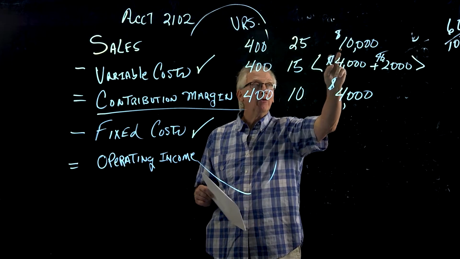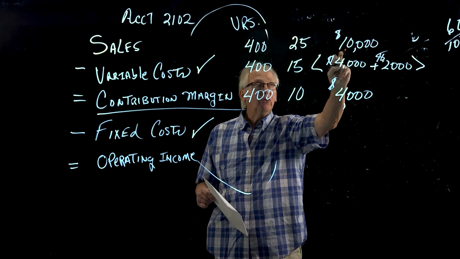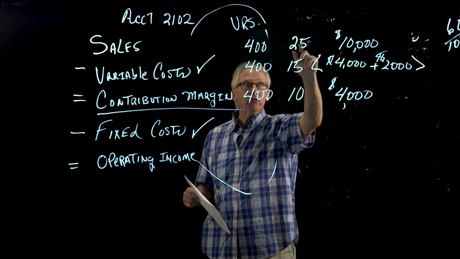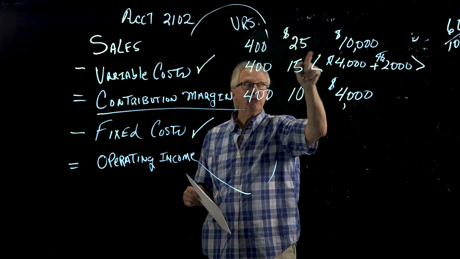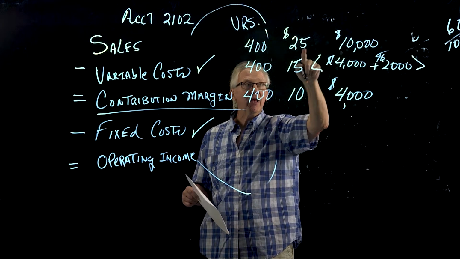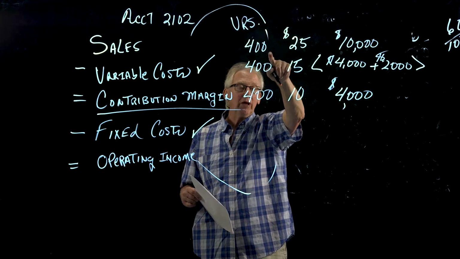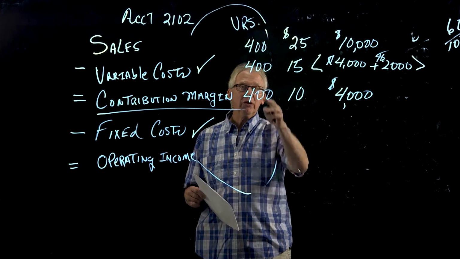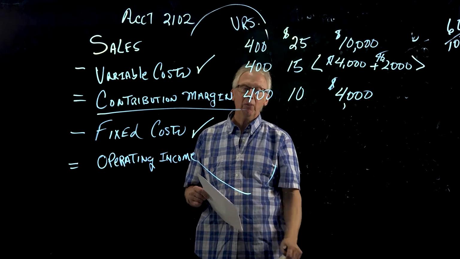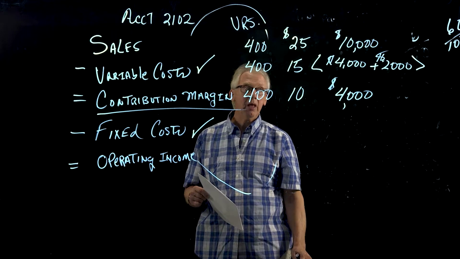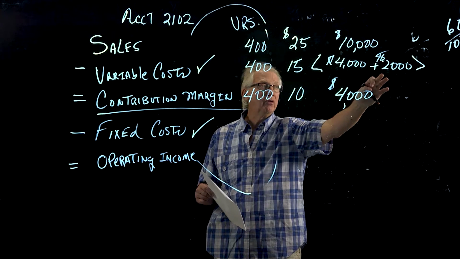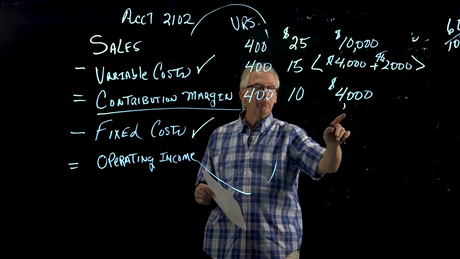And so they gave us the lump sum of sales, and they gave us the unit price of $25. So we divided 10,000 by 25, and we got 400 units. Once we got that 400 units, we could say variable cost and contribution margin are each 400. Then we just added up all our variable costs, and we came up to 6,000.